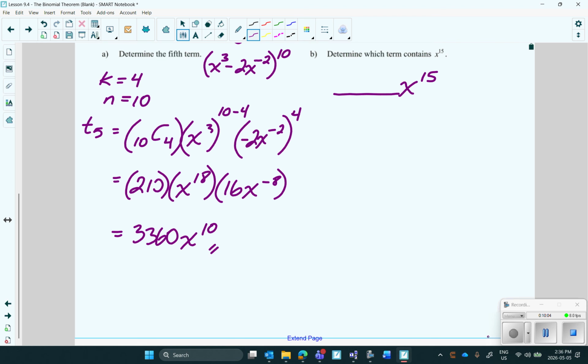Well, here's how we look at it. There's some number, x to the 15th, right? And isn't that going to equal nCk? Well, I know what n is. n is still 10. But I don't know what k is, do I? So that's what we're going to have to find.